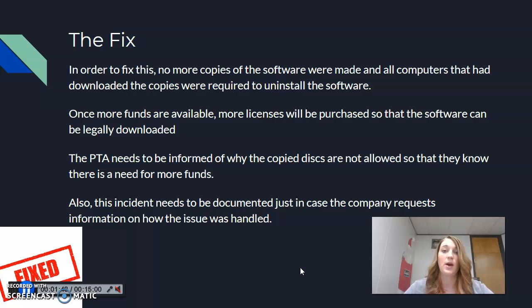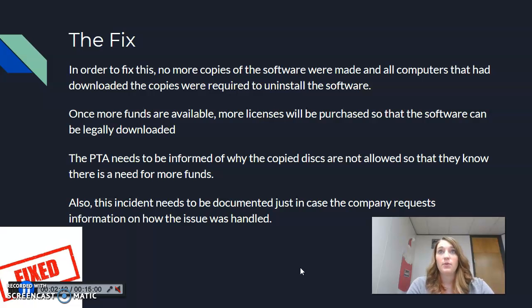They did not have the rights to have the software on there. So that's the first step to make sure that the copyright law is followed. And then once more funds were available, then we need to purchase the licenses so that the software can be downloaded legally onto the teachers' computers.